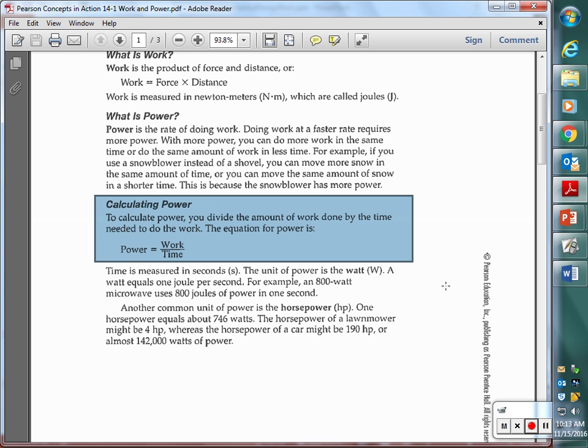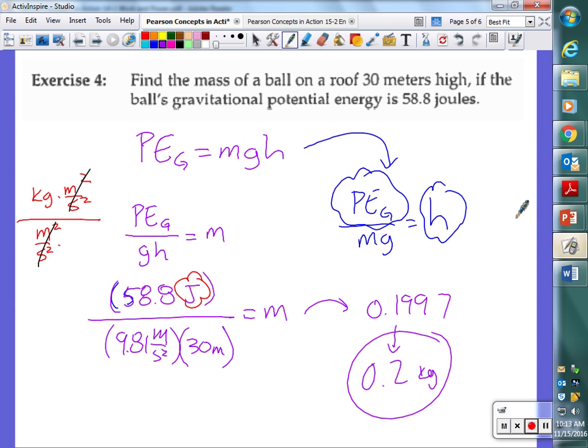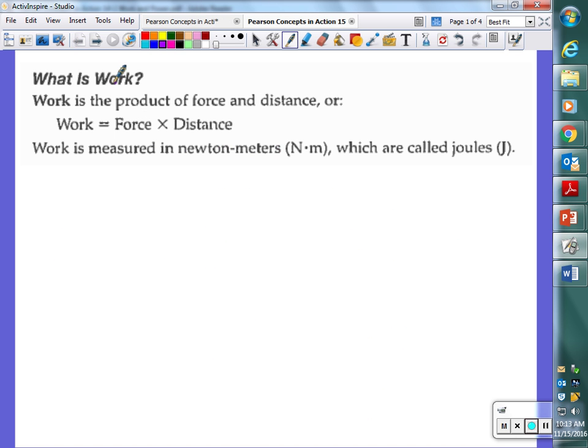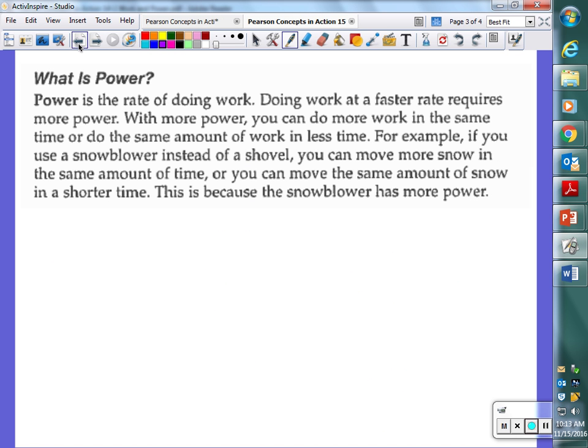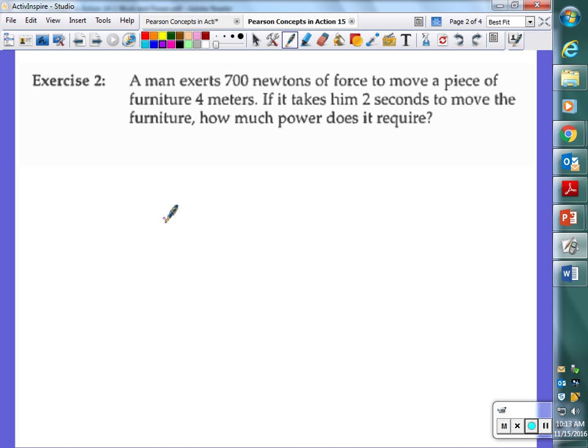Okay? So let's take a look at page 3 of that packet, and let's look at exercise 2. Exercise 2 says, a man exerts 700 newtons of force to move a piece of furniture 4 meters. If it takes him 2 seconds to move the furniture, how much power does it require? So we just learned, right? Power is the rate at which work is done.